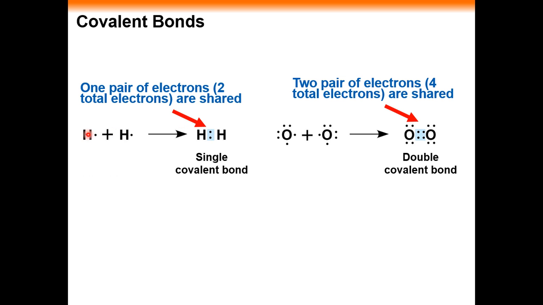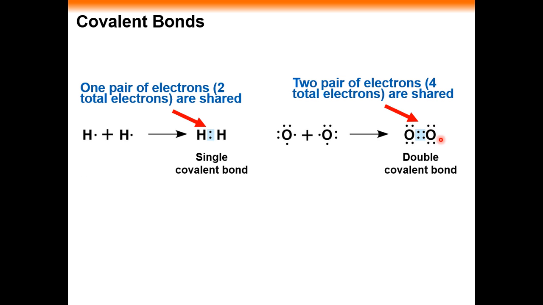So here's an example. Hydrogen and hydrogen, they share one pair of electrons. They share two total. So they then complete their valence shell. It's complete. Oxygen here does a double covalent bond. They share two pairs of electrons, aka four in total. So here there's 2 electrons, 4 electrons, 6 electrons, and then 8 electrons.